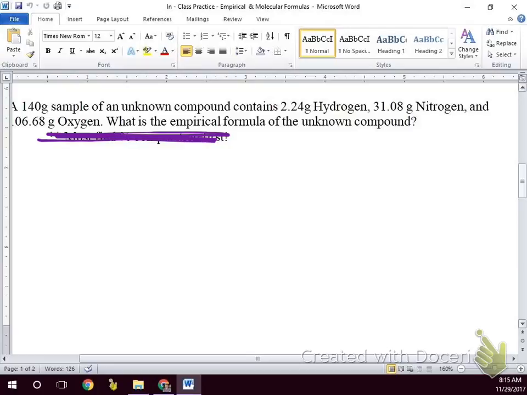Okay, does anyone want to give me the name for the final compound they came up with? Just the name. What happens when hydrogen comes first? It's an acid. If hydrogen comes first, it's an acid. So what's the name of this one?